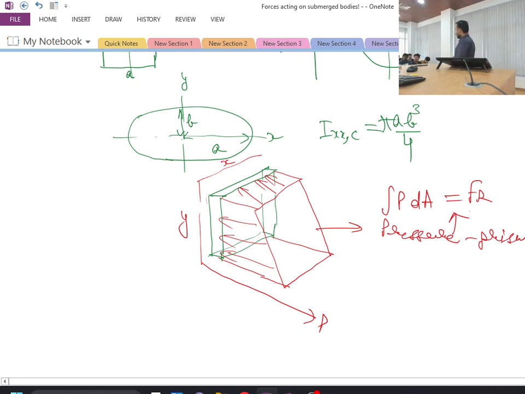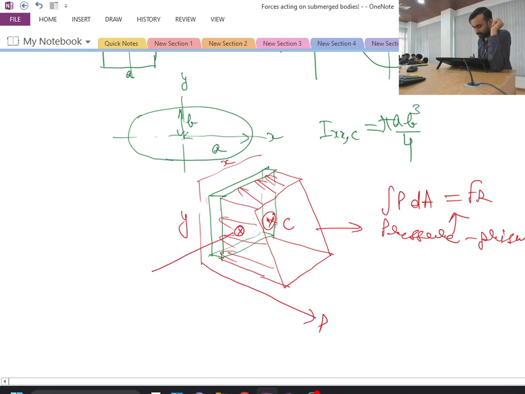Is this point clear? Now, this volume will have some centroid location. The projection of that centroid on the xy plane gives us the center of pressure. So say this is the projection of the centroid on this plane, it should be somewhere near the bottom, say here.